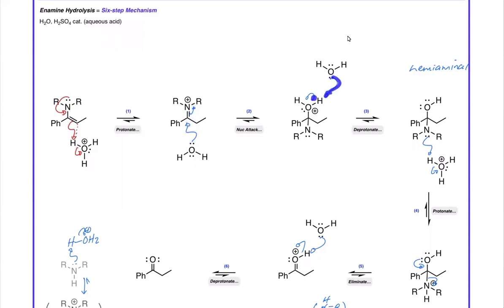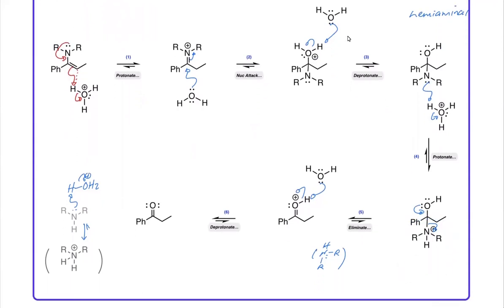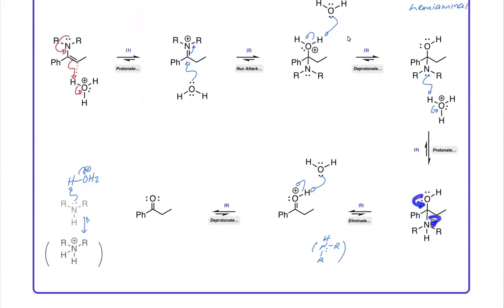We then need to deprotonate the oxygen atom and stabilize its linkage in the structure and decrease its leaving group propensity. We then need to protonate the nitrogen atom, which increases its leaving group propensity, making it the best leaving group in the tetrahedral structure. And then we'll kick out the neutral amine leaving group by collapsing a lone pair from our OH component, and finally deprotonate at the oxygen atom to form our carbonyl.